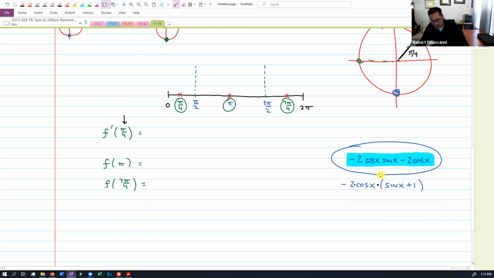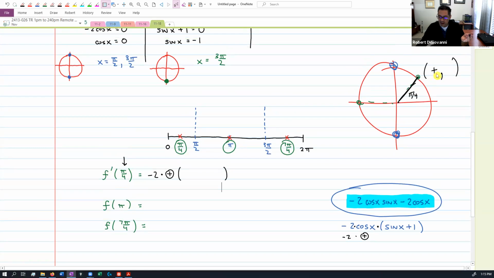That tells you that you have -2 times some positive number. And then we're going to do sine x plus 1, again with pi over 4 in for x. When you're at pi over 4, sine is the y coordinate, which again is a positive number, isn't it?